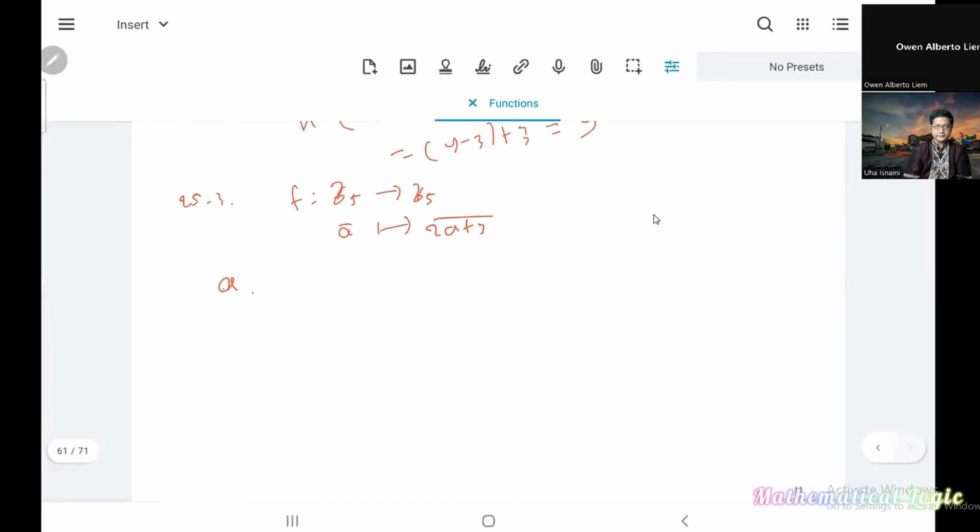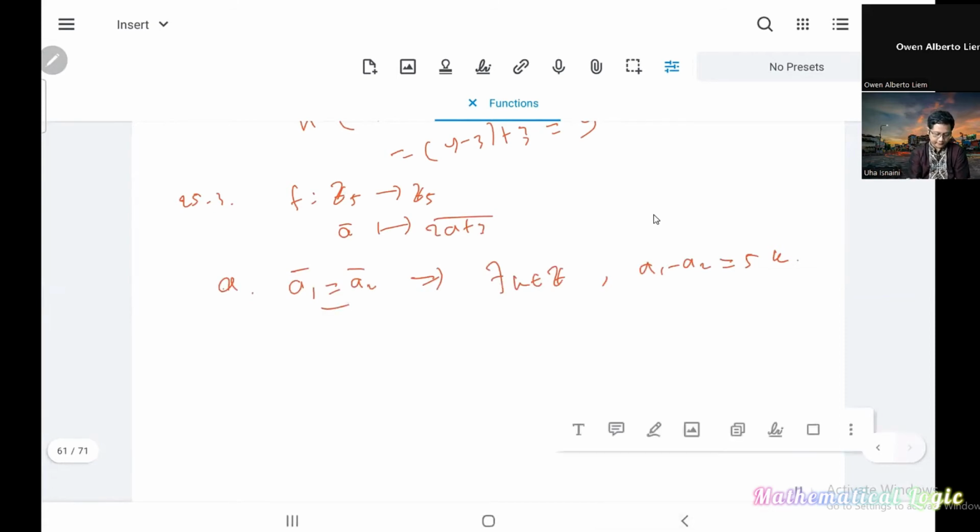So when we have a1 bar equal to a2 bar, what does it imply? There exists k in Z such that a1 minus a2 is equal to 5k. This is because of the relation. They are in Z5, so they are in the same class when the difference is a multiple of 5.